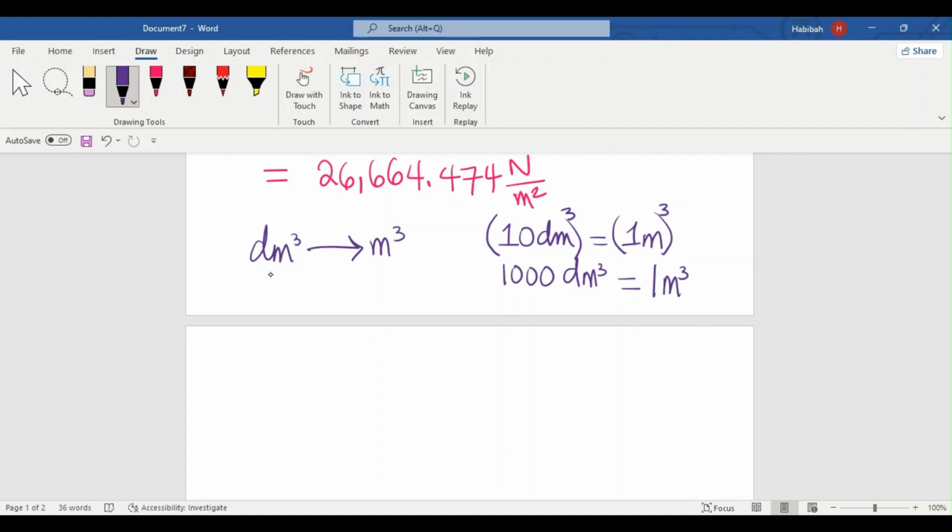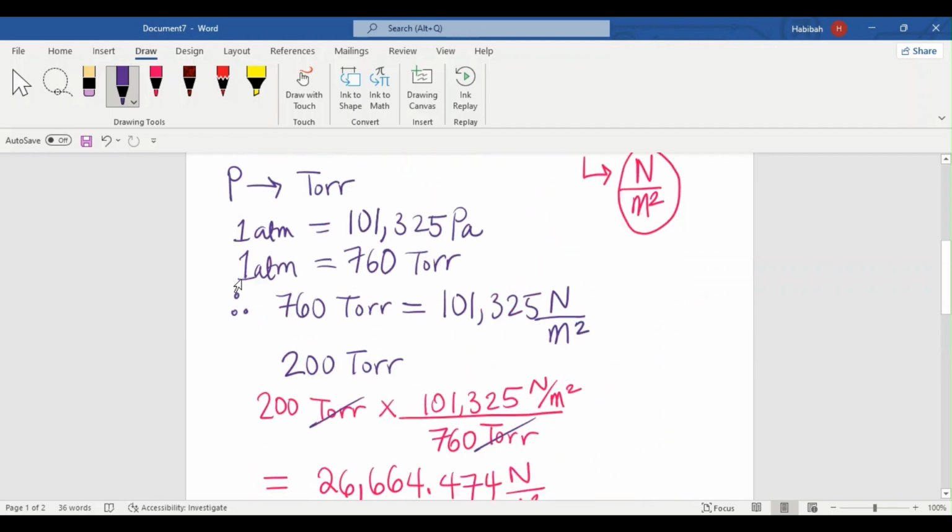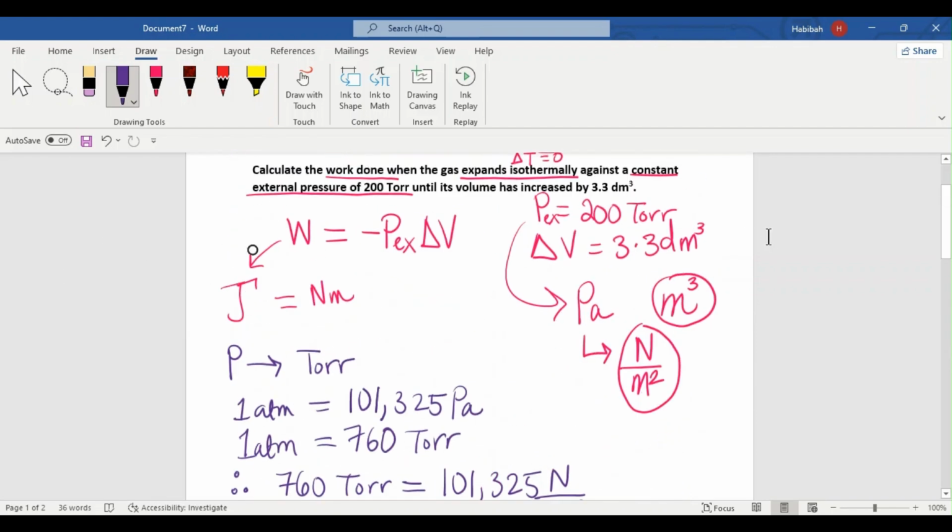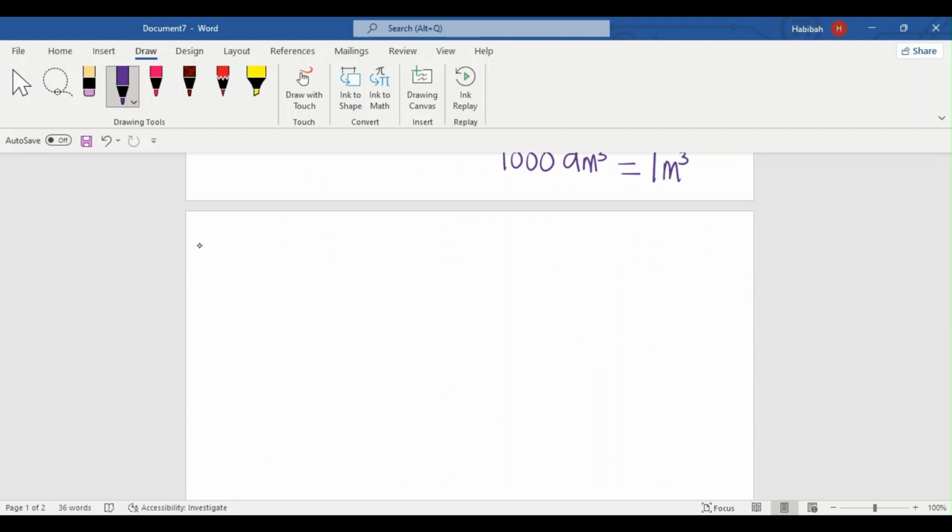So this is the standard information, but then we're told that the change in volume we're dealing with is 3.3 dm cubed, the one I'm putting in the purple box. So what we just do is 3.3 using dimensional analysis again, dm cubed times 1 meter cubed up top over 1000 dm cubed.